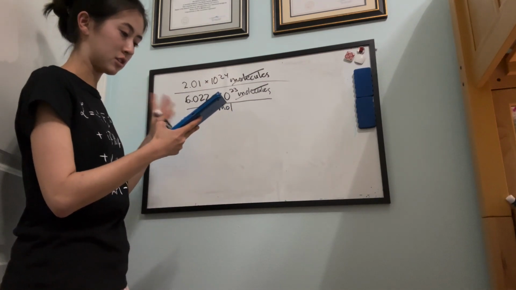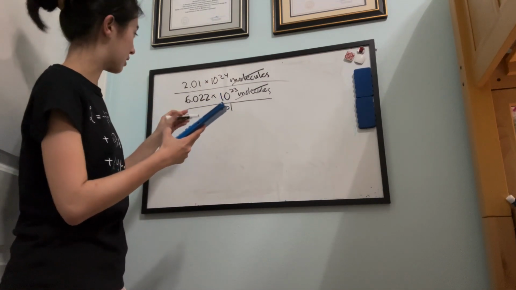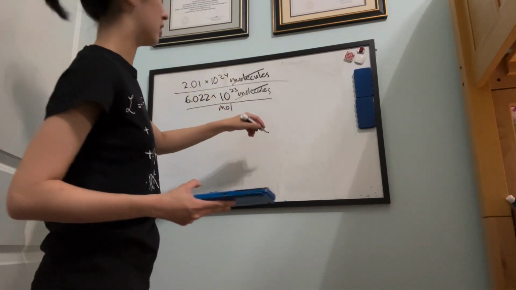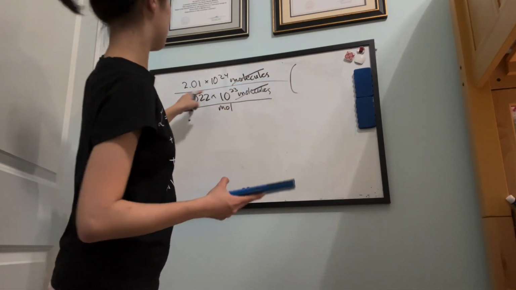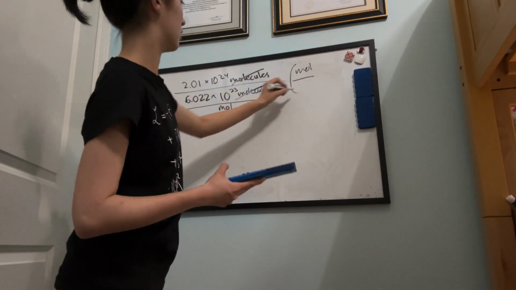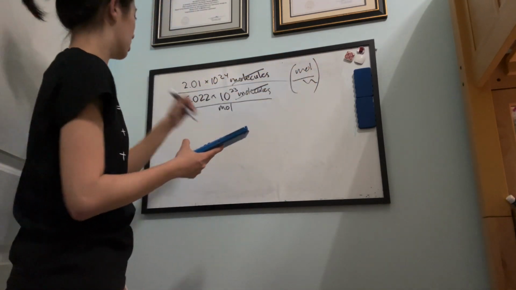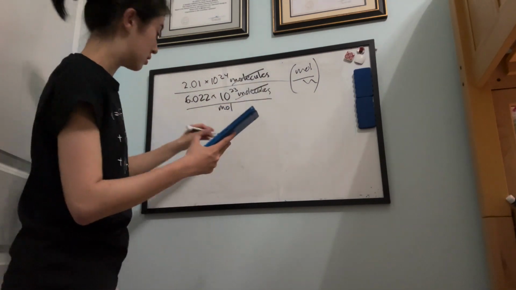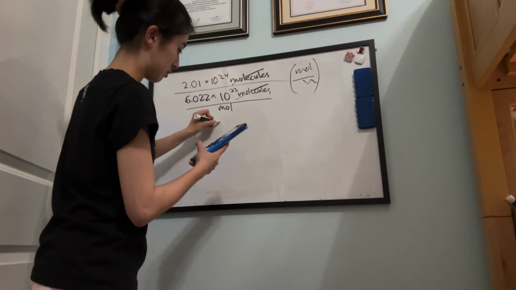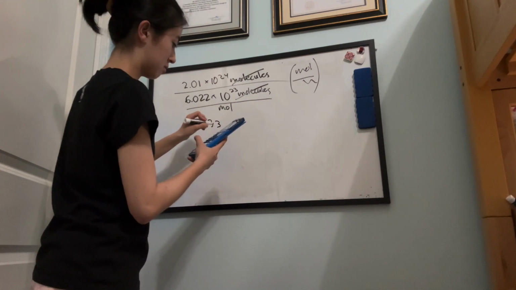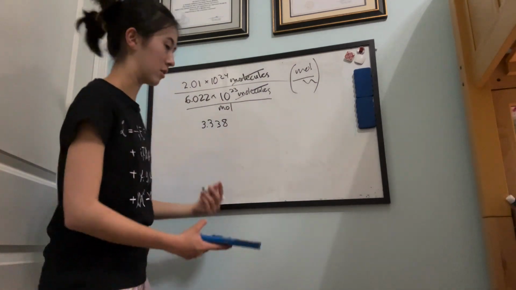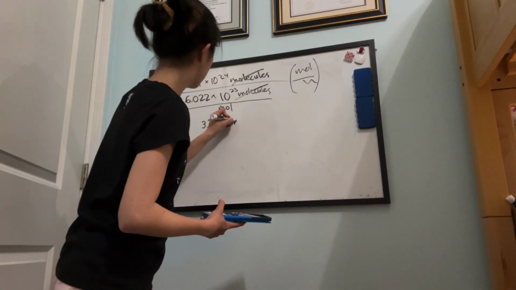Okay, everything's looking good. That number is in moles, because it's the reciprocal, so it's moles over that number, so it's just going to be moles. So it's going to be 3.338, it doesn't matter, I'm going to keep it in my calculator. Moles, right?